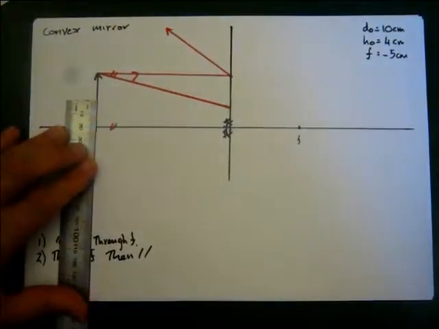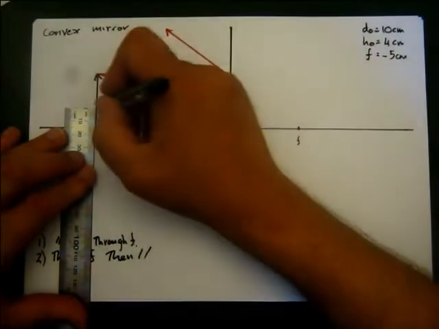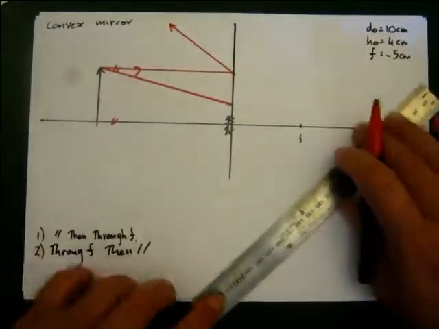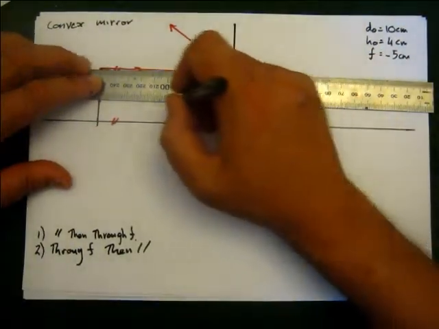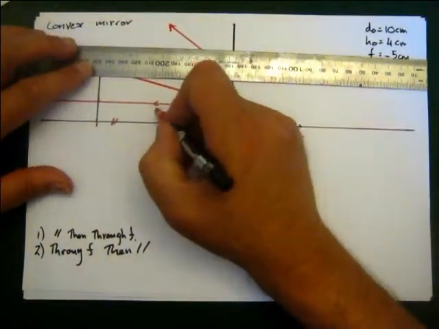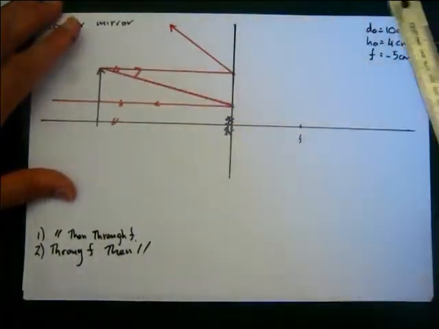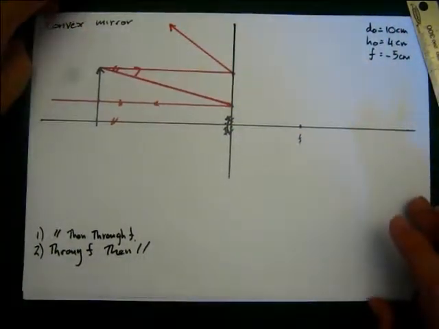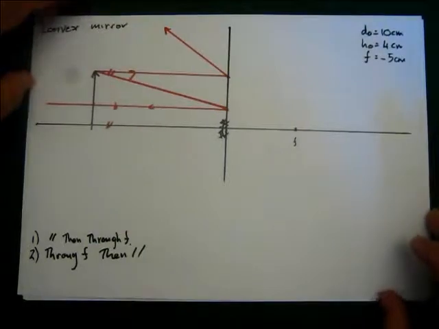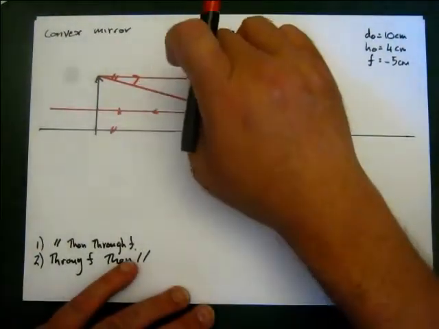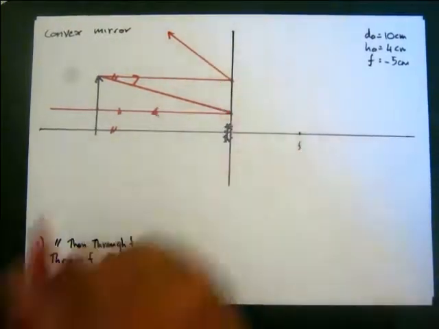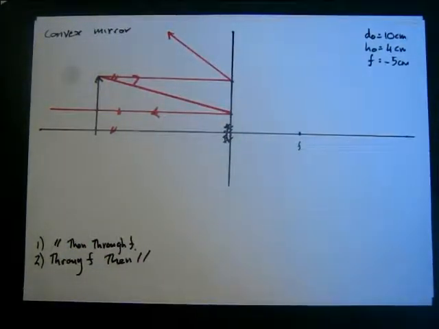And then it's going to reflect, bounce. So it bounces parallel. Now, the question is, are these two lines ever going to meet? And the answer is no.